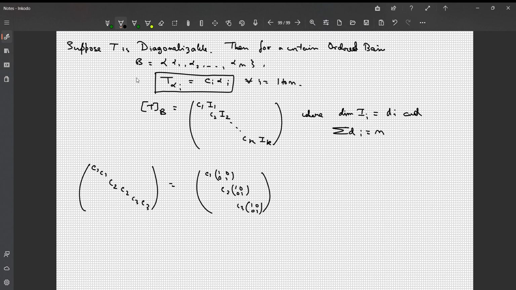Observe that if T has such a representation, then the characteristic polynomial of the matrix of T with respect to the basis is of the form x minus c1 to the power d1 till x minus ck to the power dk. And since we have already accounted for the repetition of these elements, each of c1, c2 till ck is a distinct scalar.